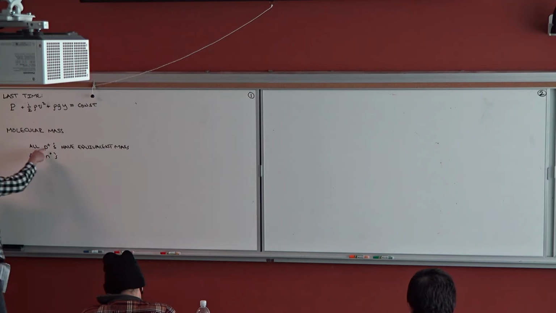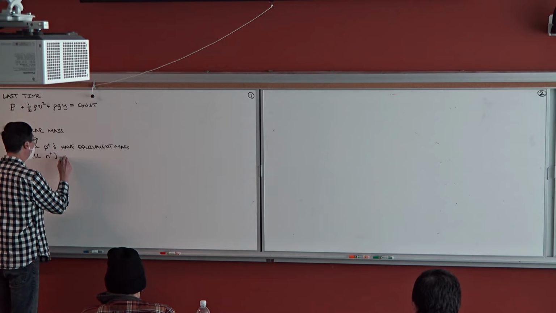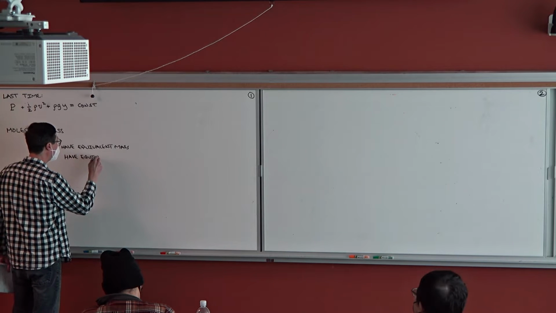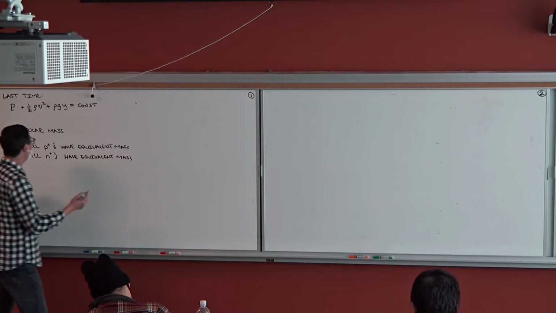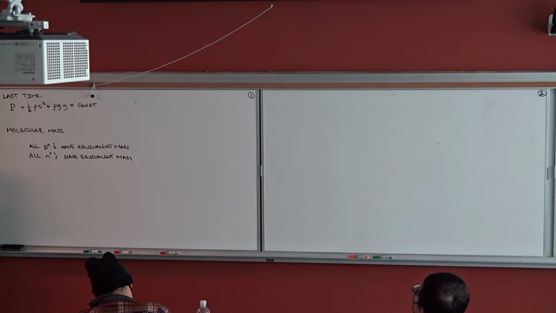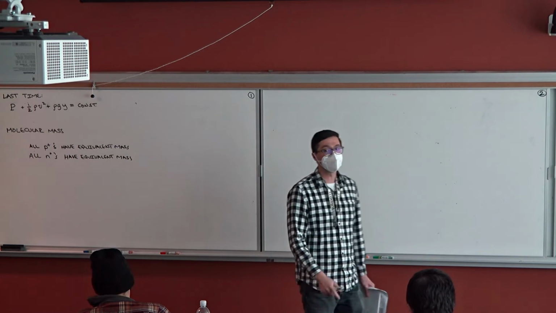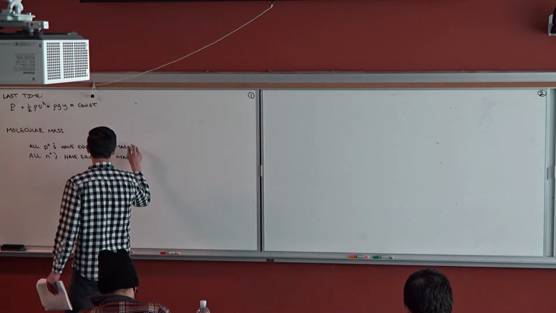I'll use the symbol P+ for protons and 0 for neutrons. The mass of a proton and the mass of a neutron are very similar, the neutron being ever so slightly more massive than the proton. So these are very nearly equal.